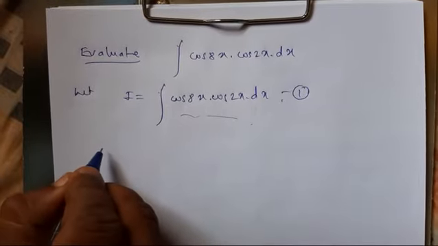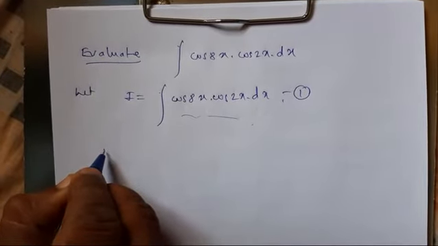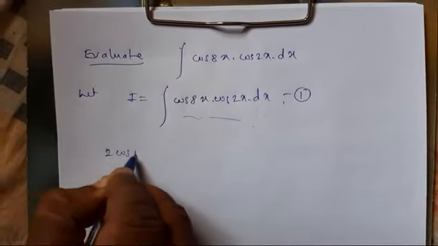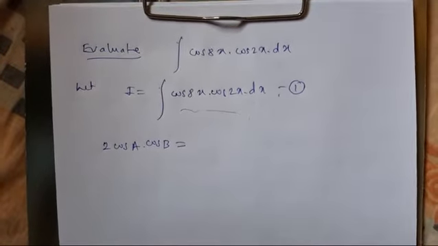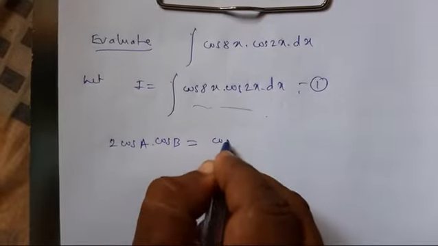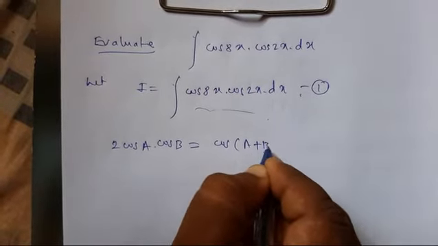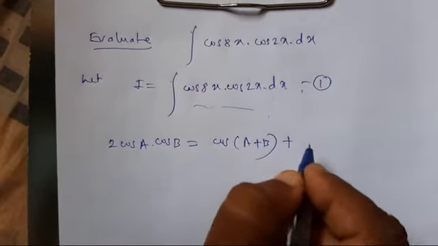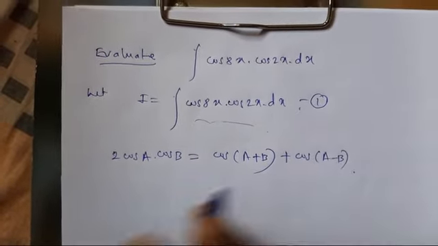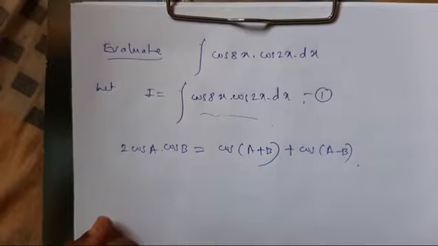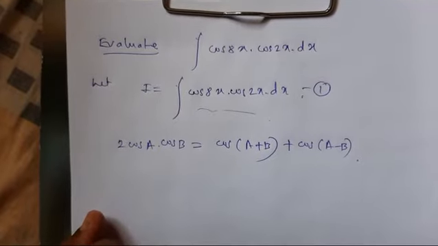We have the formula 2 cos A into cos B is cos of A plus B plus cos of A minus B. I will use this formula here.